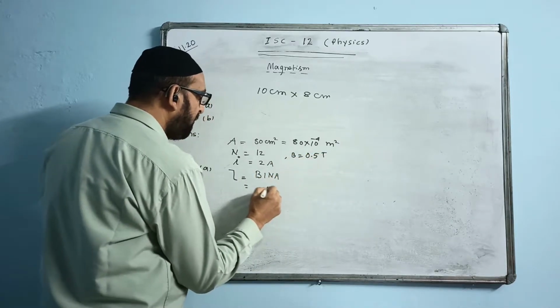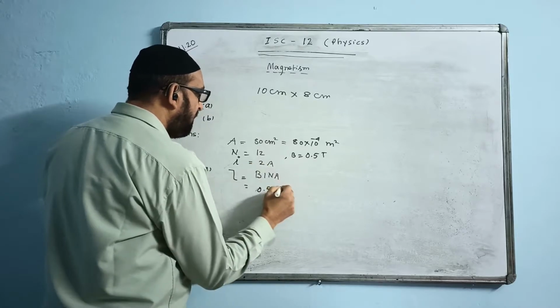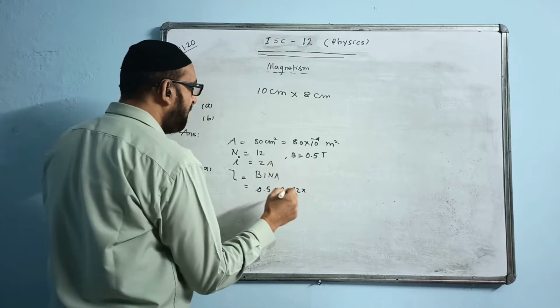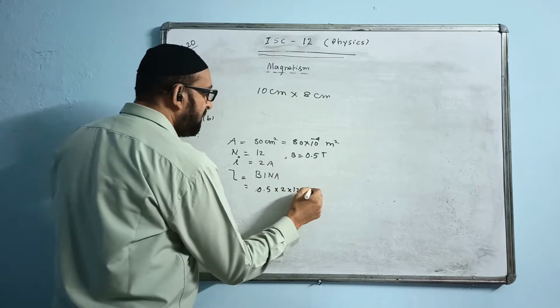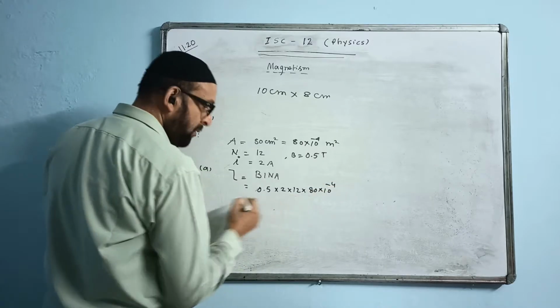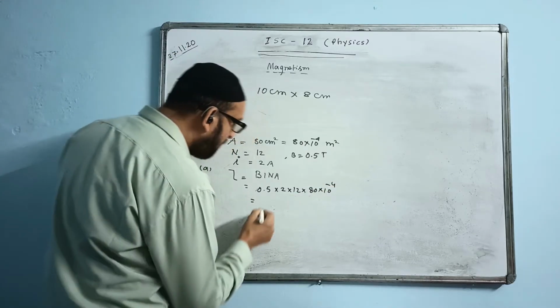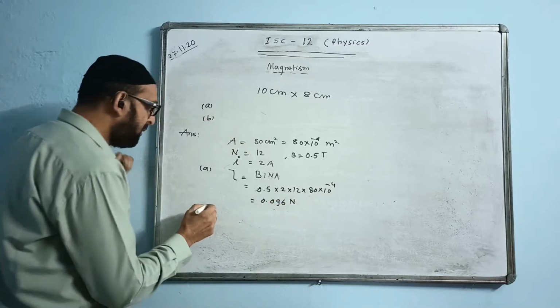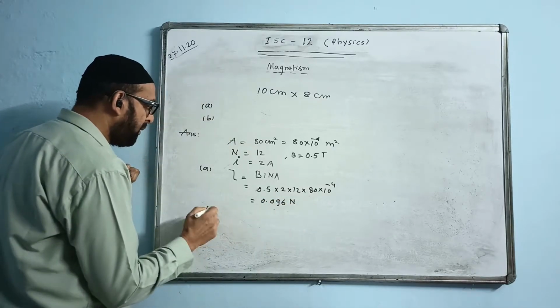I means current 2 ampere, N means 12 number of turns, and area is 80 into 10 to the power of minus 4. Your answer will come 0.096 Newton meter. That is the answer for the first part.